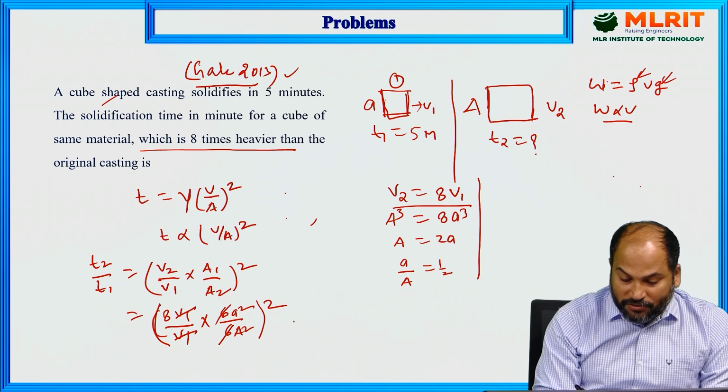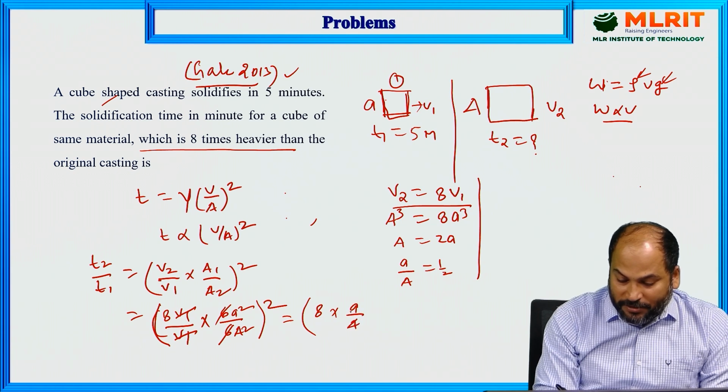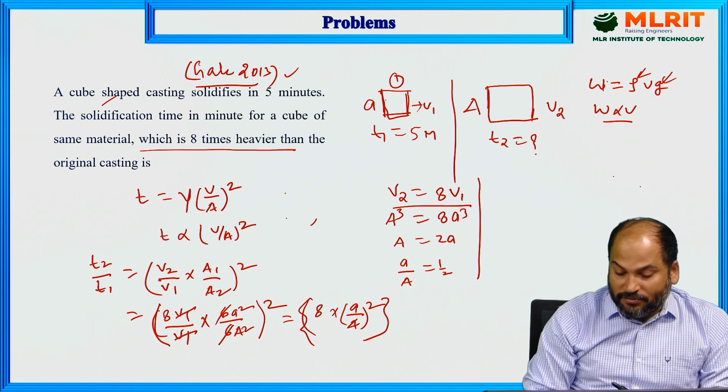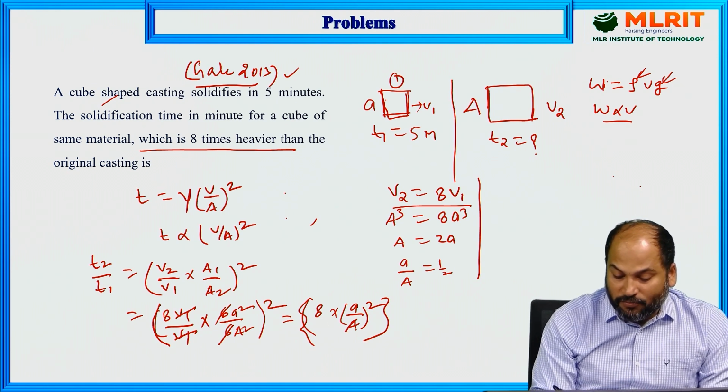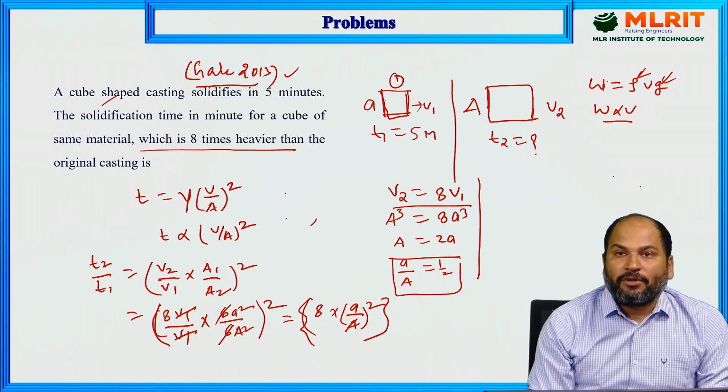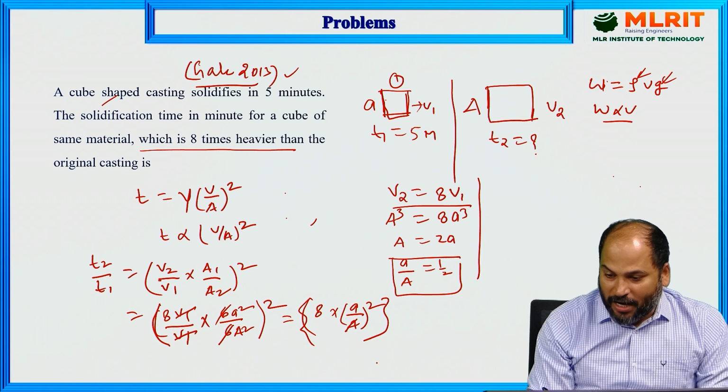So the whole expression can be written as 8 into (small a upon capital A) whole square. We have already seen that small a upon capital A is nothing but a half.